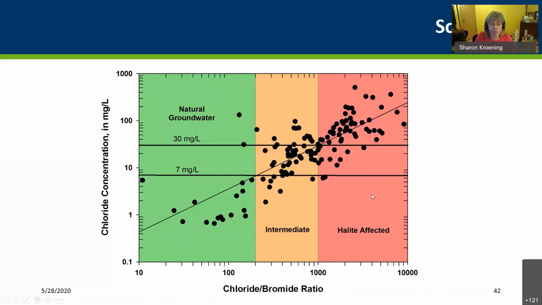And in our monitoring in urban settings, we find that three-quarters of the chloride found in the wells in commercial areas would be from either de-icing chemical application or water softener salt use.